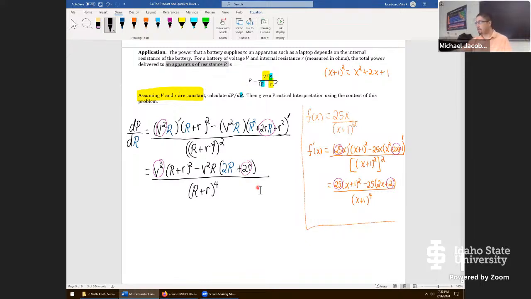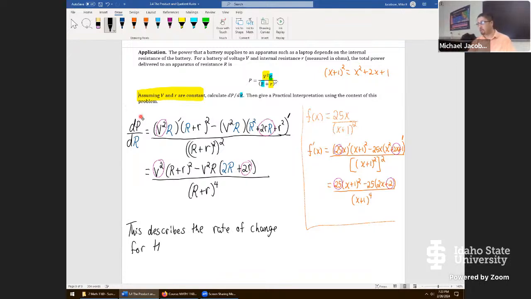So we can say that this quantity describes the rate of change for the numerator quantity, the total power, as the thing in the denominator varies.